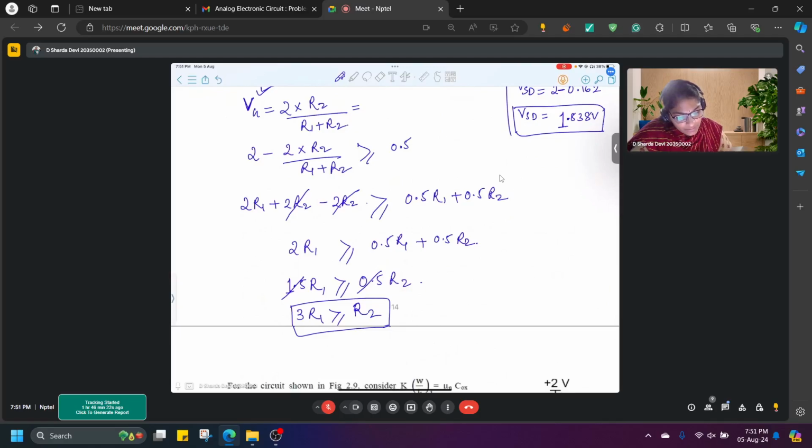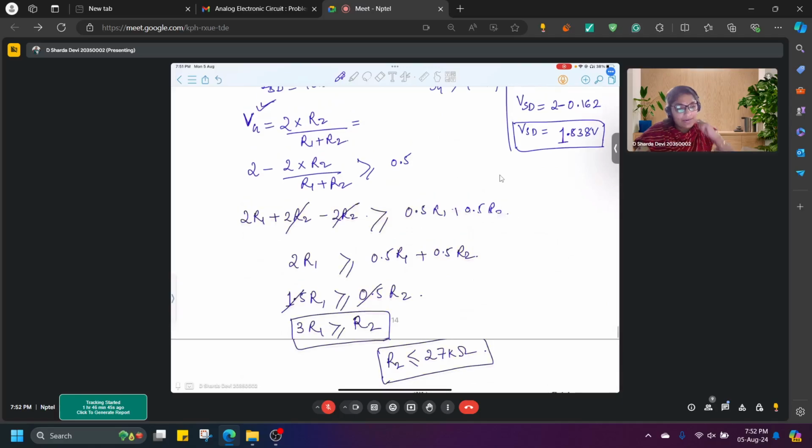We are going to say that R1 is greater than or equal to R2 over 3, which means R2 should be less than or equal to 3 times R1. So that means R2 should be less than or equal to 27 kilo ohms. So this is one condition that we obtained from this, right?